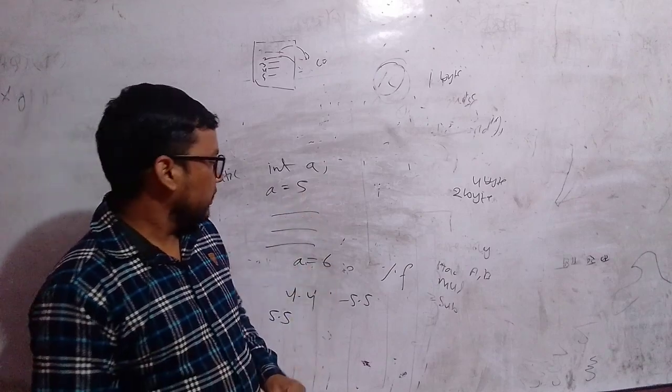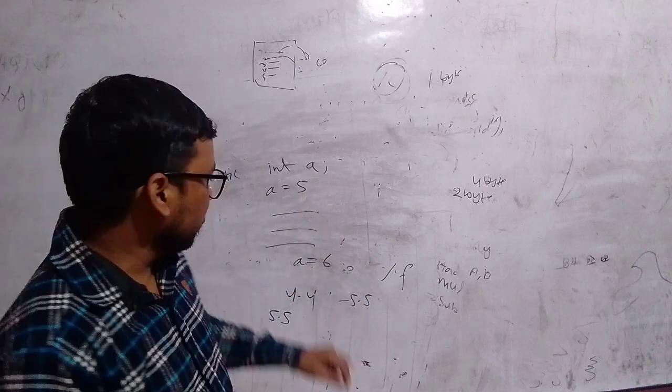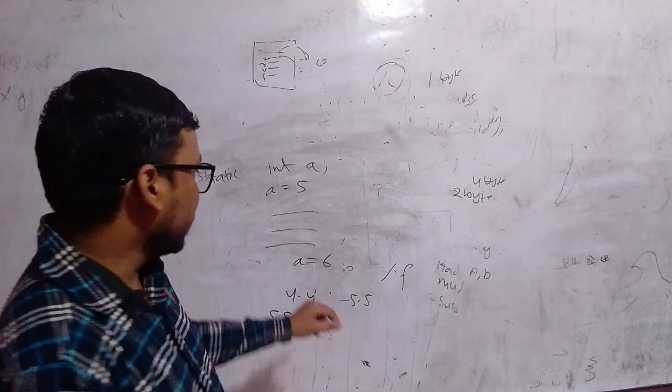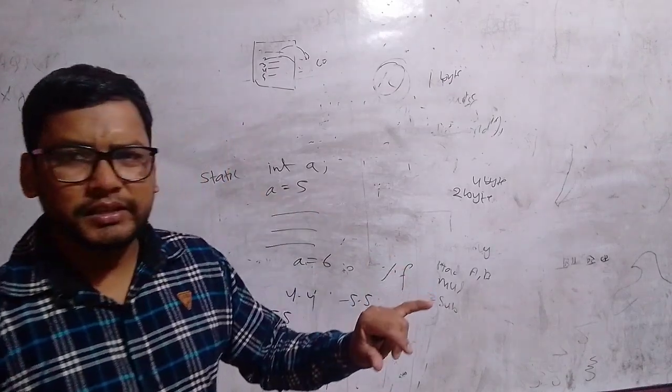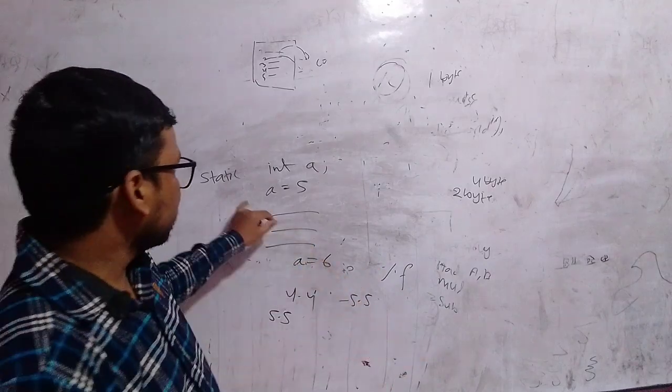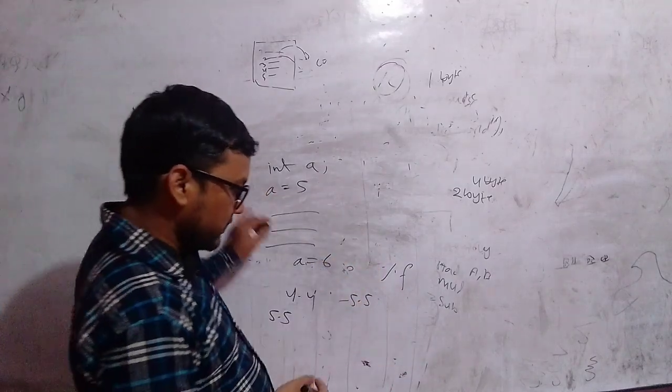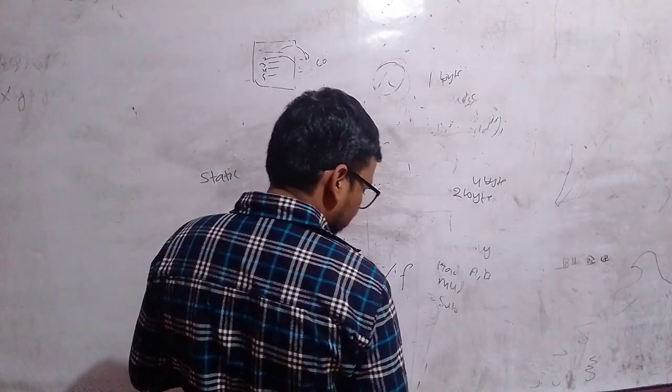That means in another part of the program, if we access a, it gives 6. Static means it stores the change.